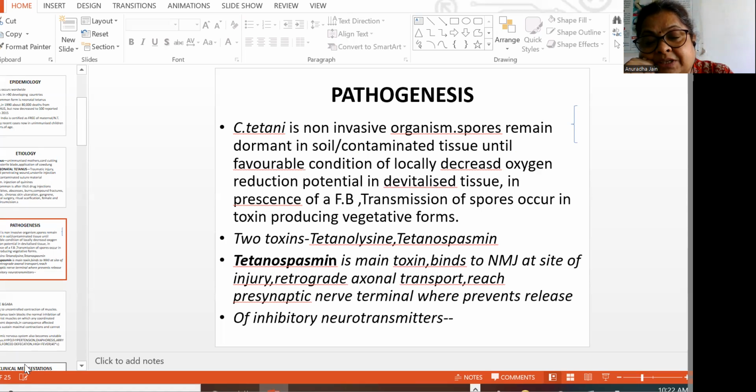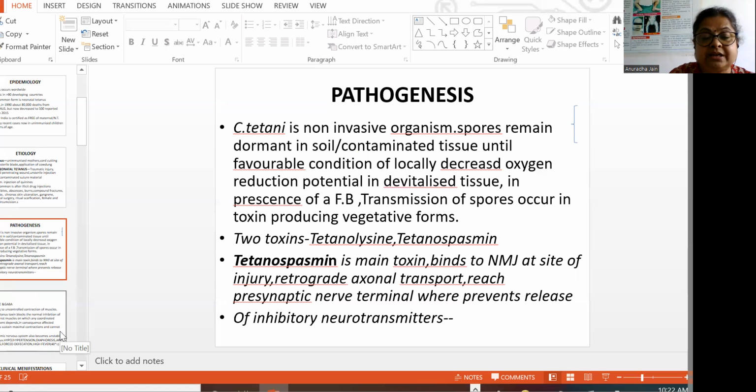These vegetative forms produce two types of toxins. First is tetanolysin and second is tetanospasmin. Tetanospasmin is the main toxin; it binds to the neuromuscular junction at the site of injury, travels by retrograde axonal transport, and reaches the presynaptic nerve terminal where it prevents release of inhibitory neurotransmitters.